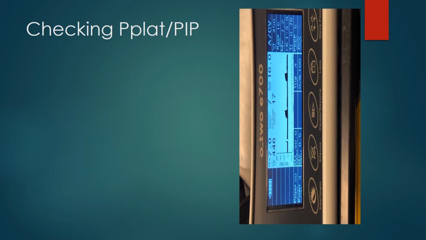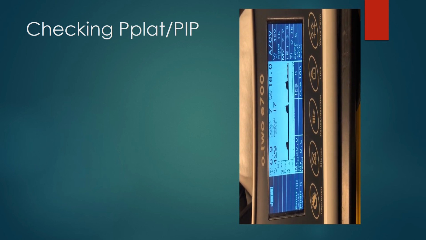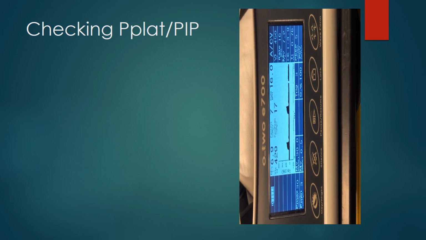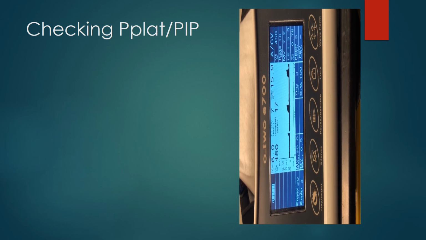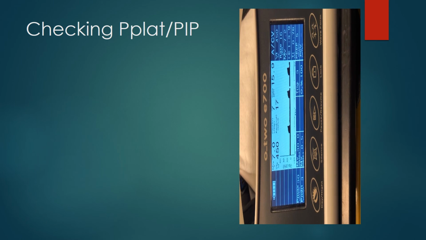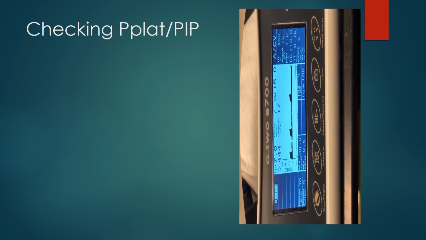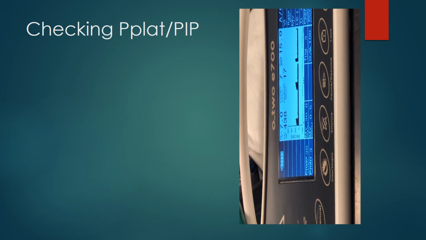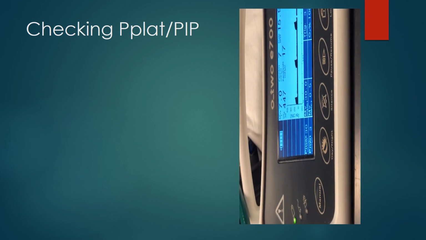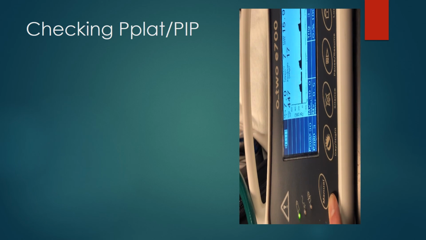Okay, I'm going to check my plateau pressure or my P-plat. This is an assist control volume mode. My tidal volume, as you can see, is 450. My rate is 16. I have a PEEP of 5 there, and I'm on 100% oxygen FiO2. So I want to check my P-plat to document that. I'm going to push this manual mode on inspiration for about a half a second.